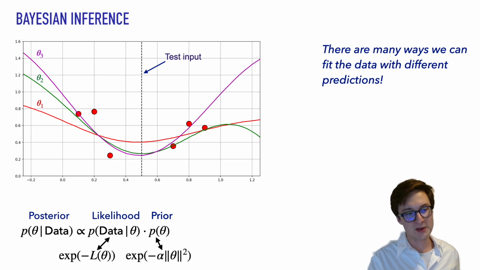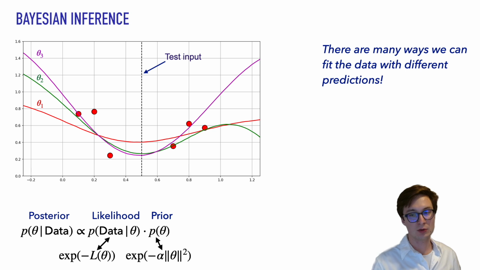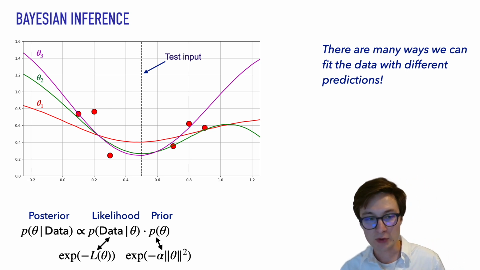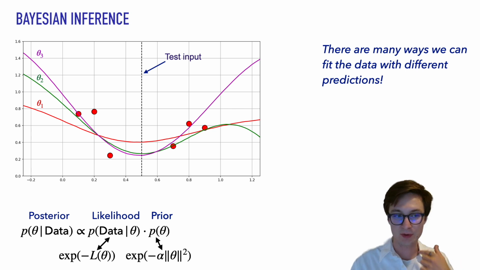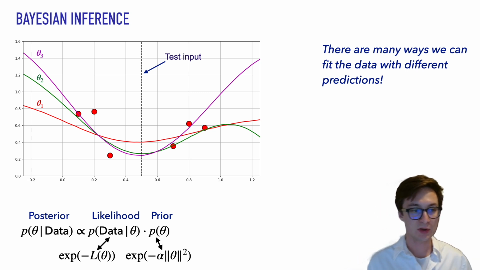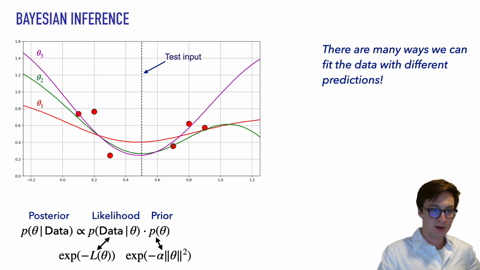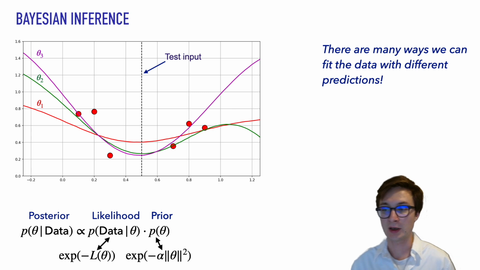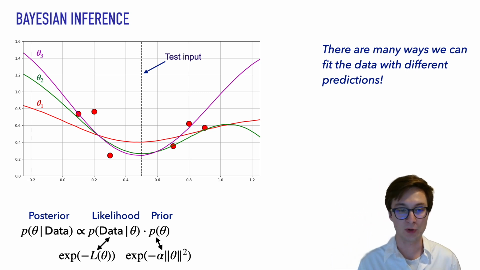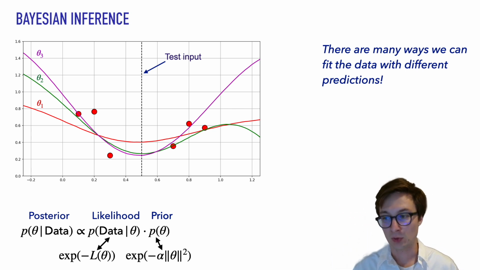And more practically, the likelihood is often just the exponent of minus the loss, where the loss is whatever loss function you would use normally for this data. So in this case, maybe a mean squared error loss on the training set. And for the prior, we often use something like a Gaussian distribution, which is equivalent to the exponent of minus the squared norm of the parameters with some coefficient.